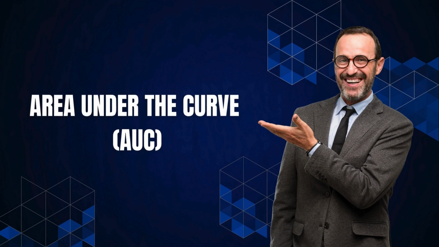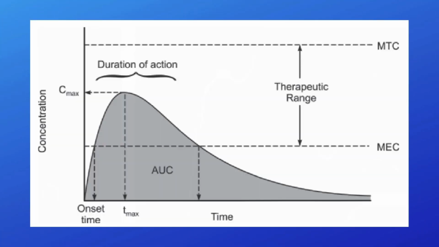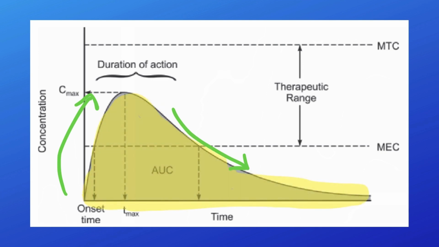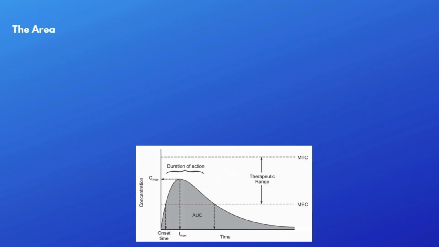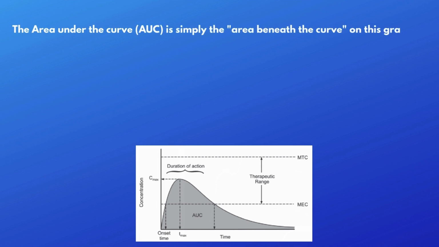Imagine plotting a graph of drug concentration in your bloodstream over time, where the concentration starts low, rises to a peak, and then falls as the drug is broken down and leaves your body. The area under this curve represents the entire amount of drug your body has been exposed to during that time. The area under the curve, AUC, is simply the area beneath the curve on this graph. It is nothing but the total exposure your body has to the drug over the period of time.